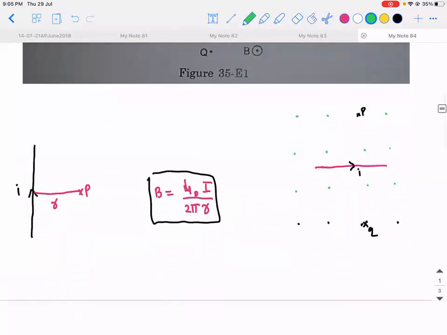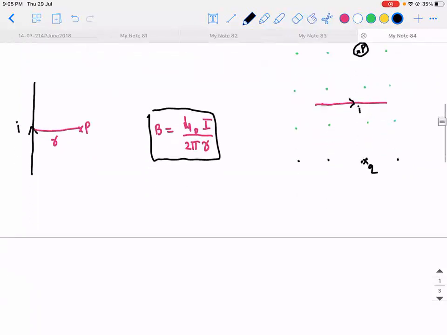So if I place this conductor in my right hand, keeping the thumb in the direction of the current, the curl of the fingers indicates the direction of the magnetic field. So the magnetic field due to the current passing through this conductor at this particular point P will be coming upwards.